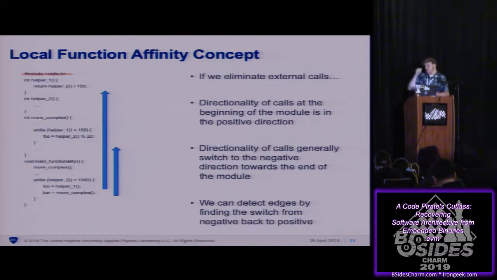Sounds kind of trivial actually, but the cool part is that you can to some extent detect these edges in code. So what we're looking for really is a negative trend and a switch back to the positive direction, because that will start our new C file, our new object file.